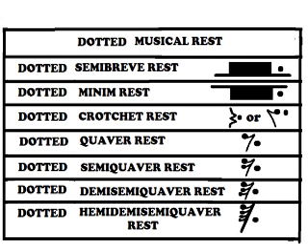So if a dotted semibreve note should sound for 6 seconds, for instance, it also means that a dotted semibreve rest will be silent for 6 seconds. If a dotted crotchet note will sound for 4 seconds, what it means is that a dotted crotchet rest will be silent for 4 seconds. Just the same principle.